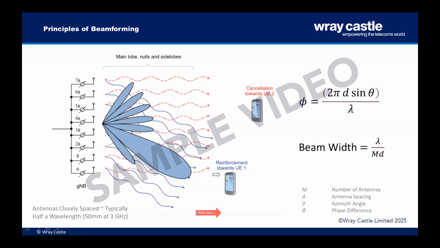After all, if mobile number one moves around, then we will want to apply a different phase shift, phi, between the antennas, so as to direct the main beam towards mobile number one. Now, you could do it by calculating the exact analog phase shift, phi, that would be required, and steering the beam accordingly.